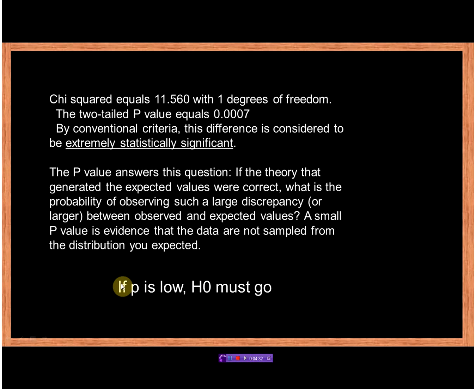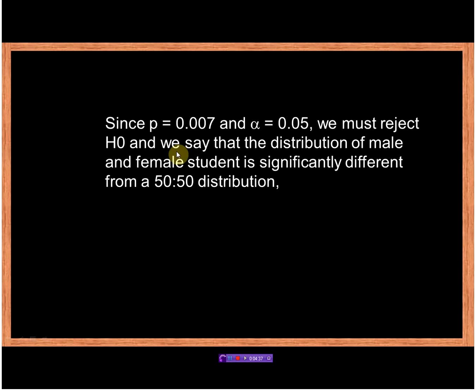And we remember, if p is low, H0 must go. I think I even forgot a zero here. Since the p-value is very, very small, 0.0007, and we usually have a critical significance level alpha of 0.05, that's 5%, or in other words, we want to be sure to 95% that we are right in accepting the null hypothesis.